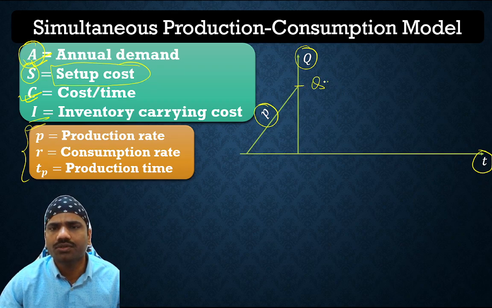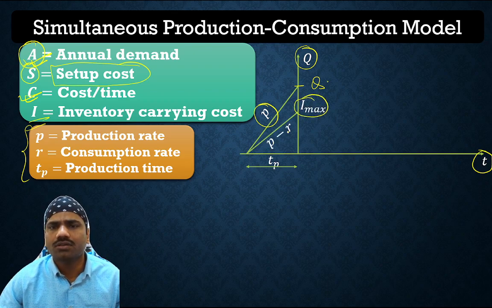But we are not only producing, we are also consuming some items, so there is a decrease in the quantity. The maximum quantity will be I max, because we are both producing and consuming.